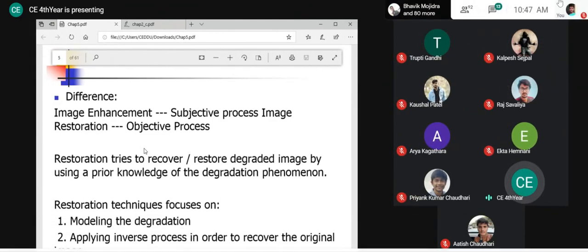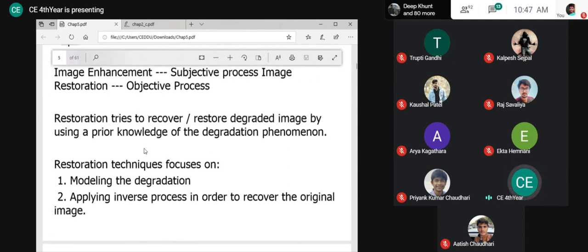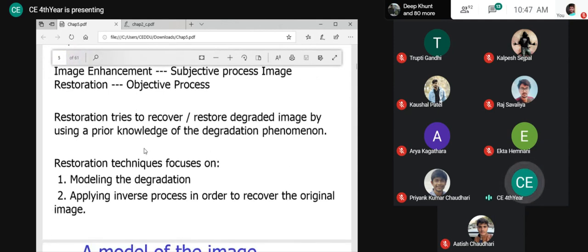It will not be like you have to ask your friend whether it is proper or not. It will not be human dependent evaluation. It will be parameter dependent evaluation, and that's why it is an objective process. Some parameters we will get, and that will define whether it is degraded or improved.